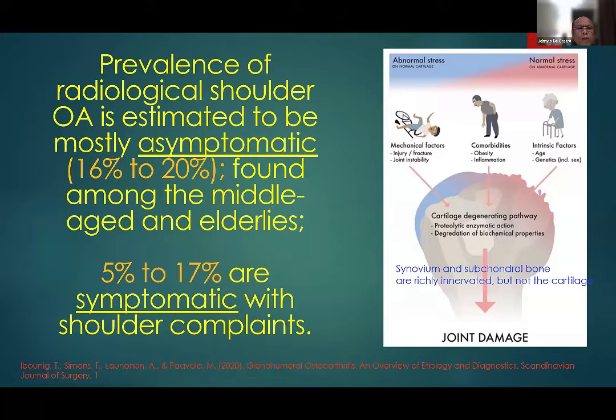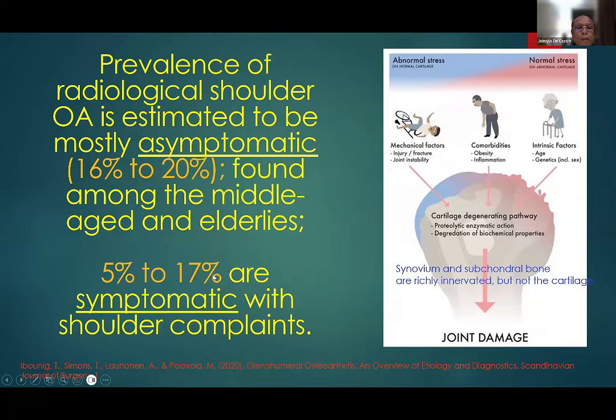The prevalence of radiologic shoulder osteoarthritis is estimated to be mostly asymptomatic. About 16 to 20% did not show any symptoms, but these are found among the middle-aged and elderly. Usually the cause is joint damage affecting the cartilage, wherein proteolytic enzymatic action is released in the joints.